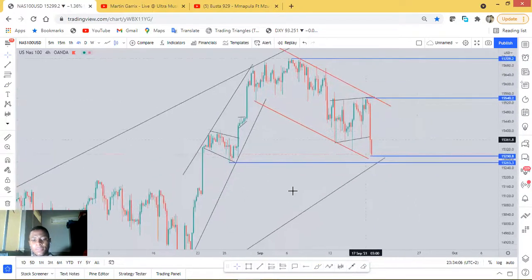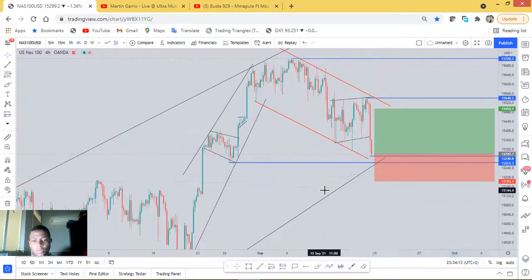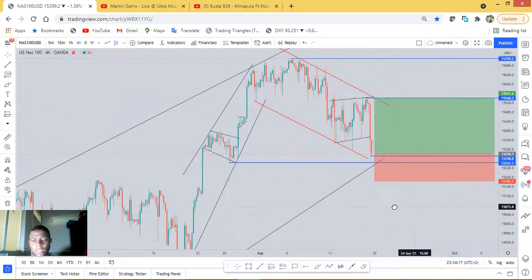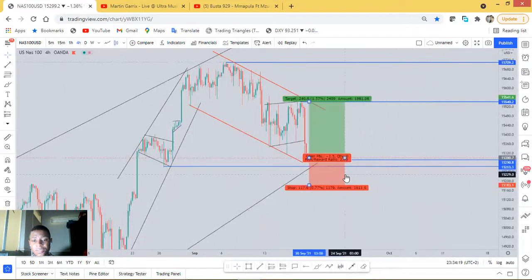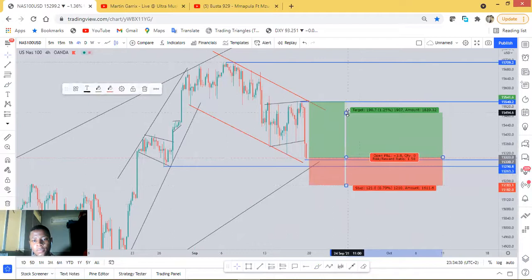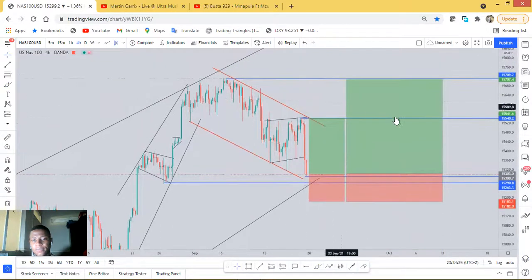So possibly for next day, guys, we're expecting the buyers with upside. So this would be the first target. It's a very good trade. You're risking 1% to make 2%. And look how wide the stop loss is. So the first target, the second target, maybe this one. Very good trade.